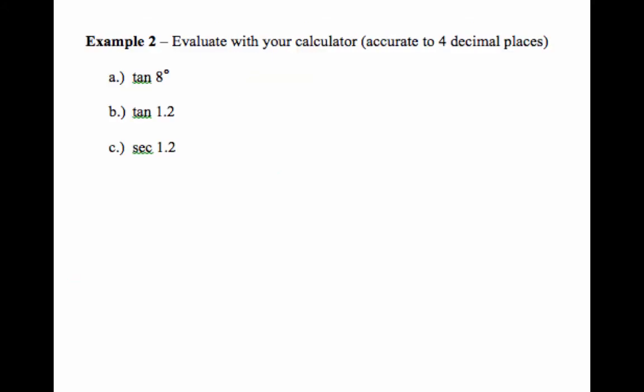Evaluate with your calculator. I'd like to point out on the old calculator a couple of things. Number one, this one right here is clearly the tangent of 8 degrees. Go into your calculator. Go to mode.